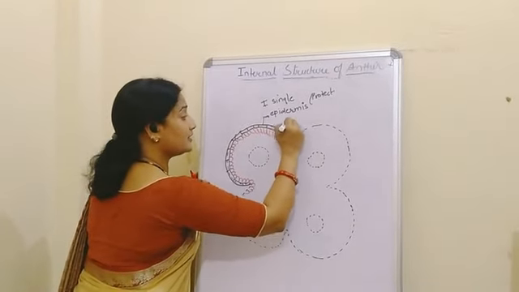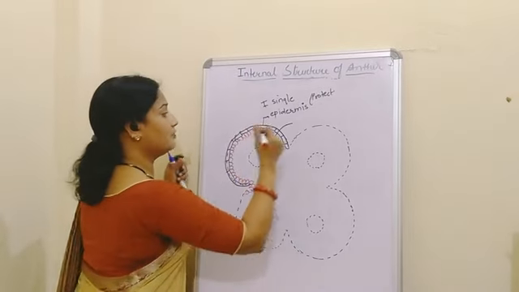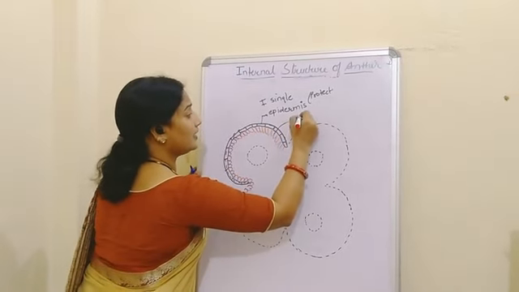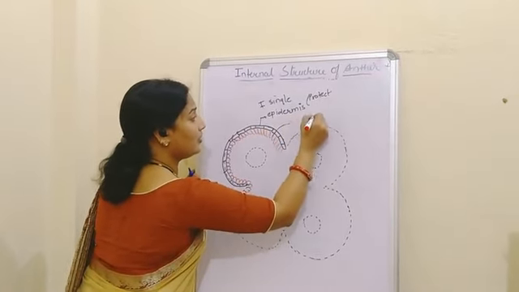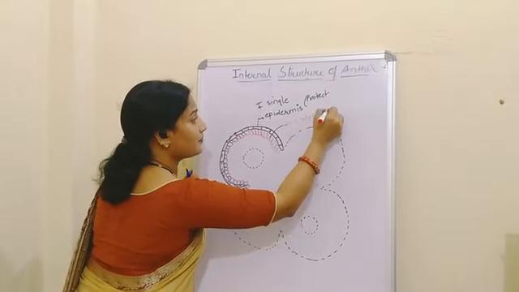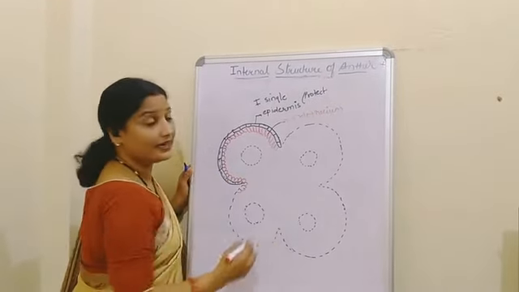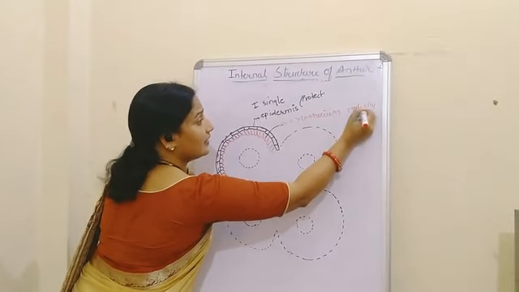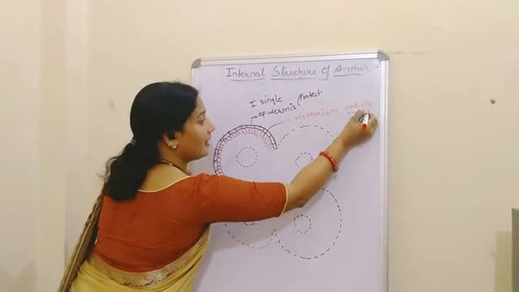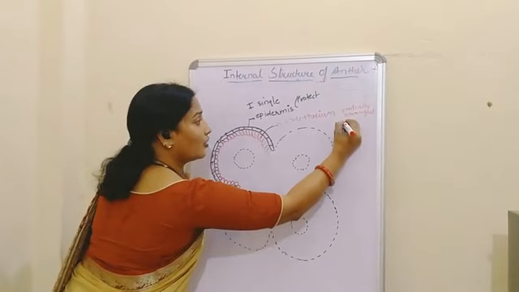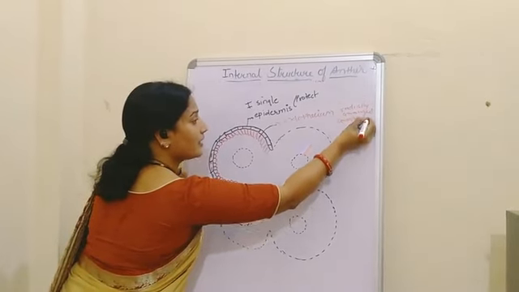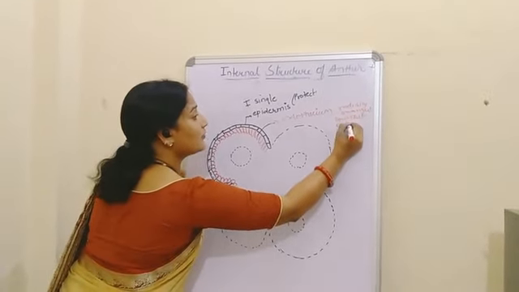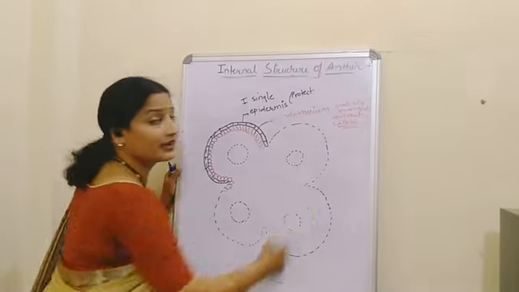Okay, this is the second layer. Let me write it with red. It is called the endothecium. Second layer: here the cells are radially arranged, compact, and consist of callose thickening.